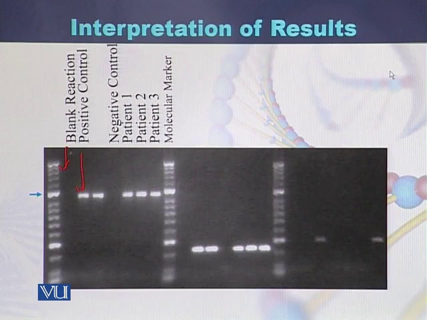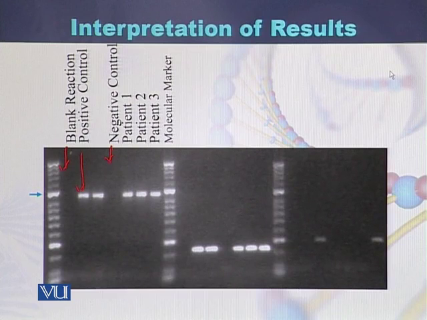Here we can see the positive control, and in this well there is amplification of the DNA. This one was the negative control. Because this is a negative control, there should not be any kind of amplification in this well.